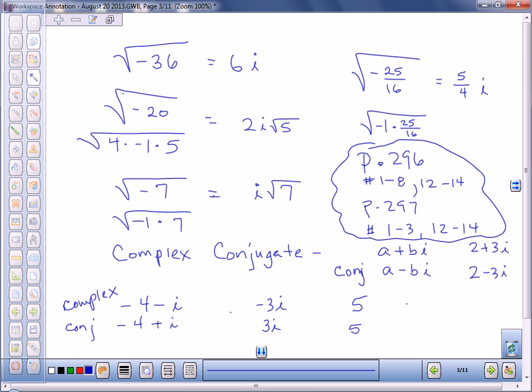Would it be like 10i? Miss Lily, what is it? Imaginary? It's irrational, but it's still real. Irrational falls under the real category.